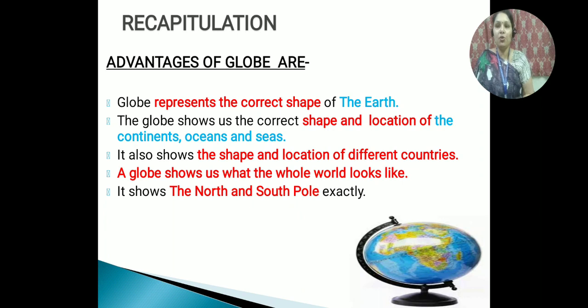It also shows the North Pole and the South Pole exactly where they are placed.